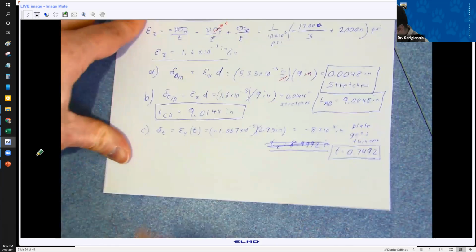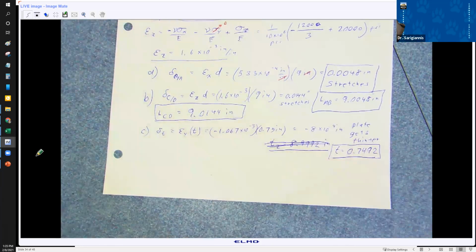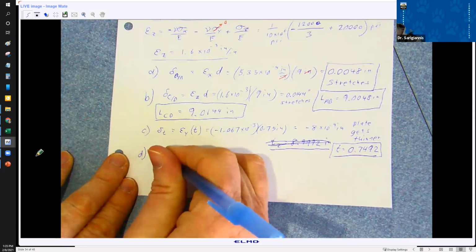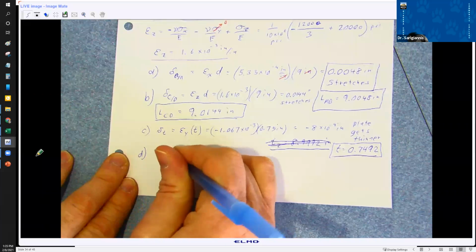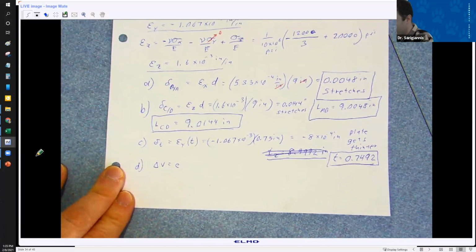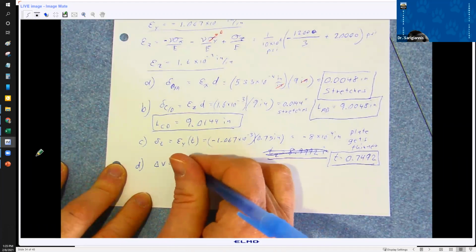Now the volume of the plate is going to change. We know the original volume. Delta V is basically this little e, which is the sum of the strains.